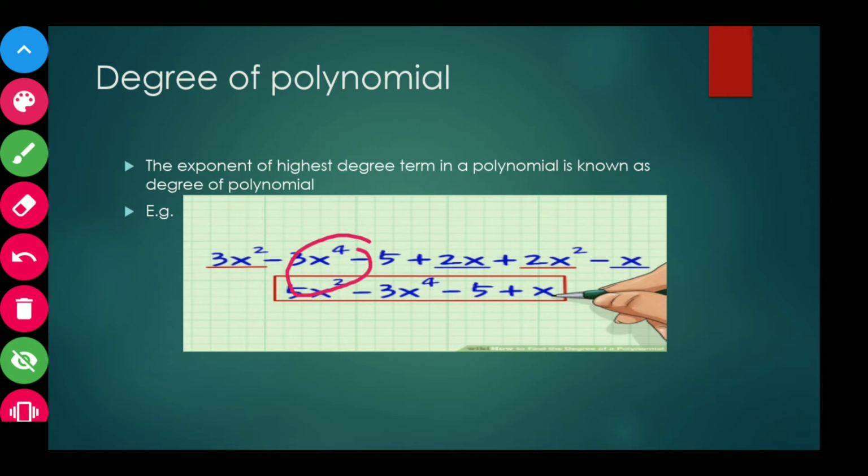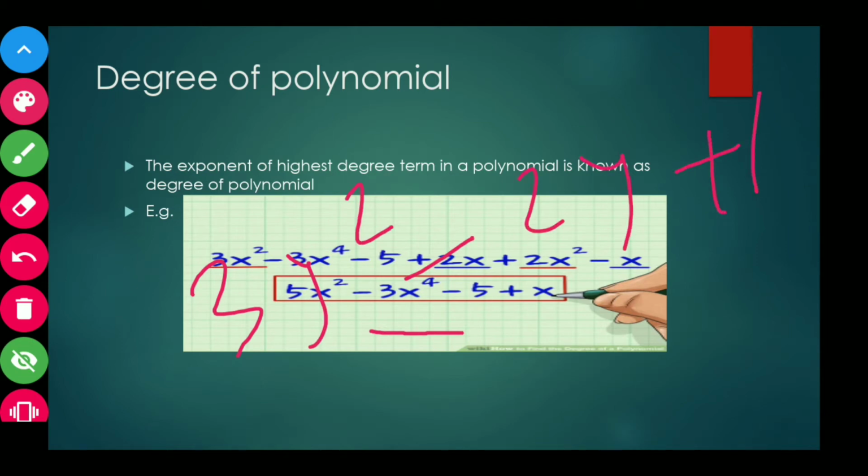In the second one, the highest power is also 4, minus 3x to the power 4, so the degree of this polynomial is also 4. If we check the example 3y square minus 2y plus 1, then the highest power here is 2, so the degree of the polynomial is 2. Let's move to the next topic.